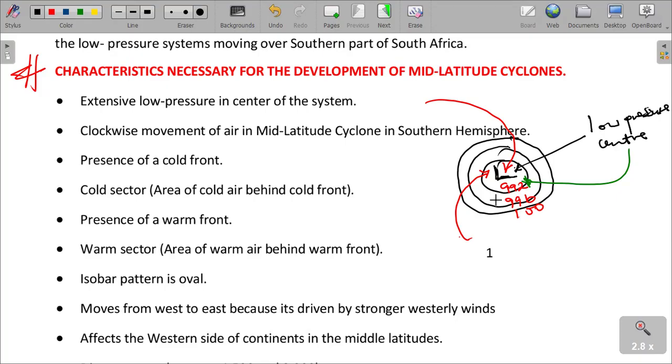So what is this air circulation which is taking place? The Coriolis force, or the deflection of the wind, results in a clockwise air circulation. I can say that this is a plan view of cyclonic circulation in the southern hemisphere.